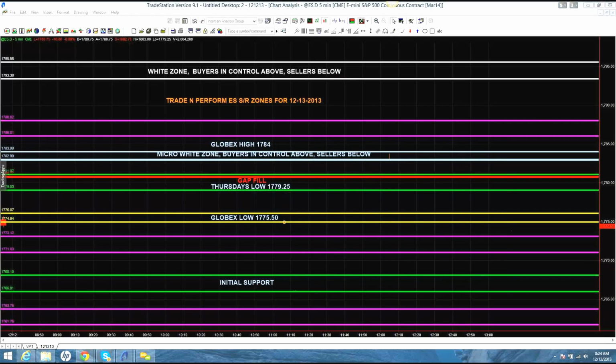So Globex low, the first time in, again, depending on range extension from the open. If we open at 1779 and we trade into Globex lows, it would be a very aggressive trade. There's not enough of a rotation.